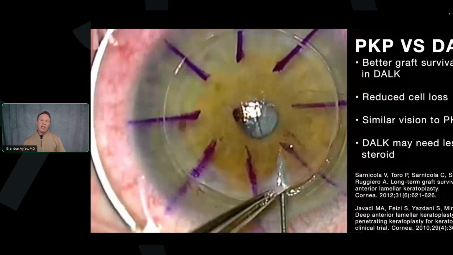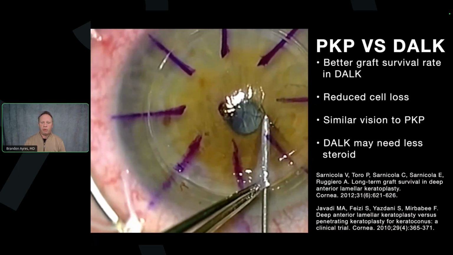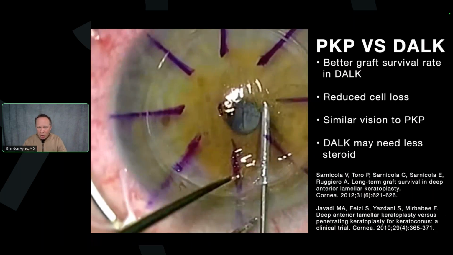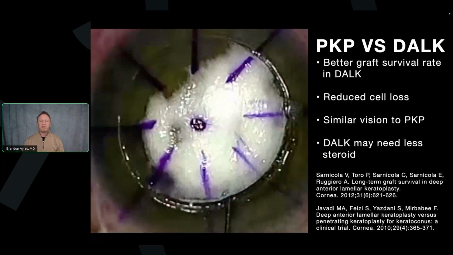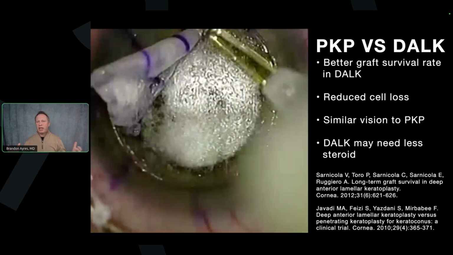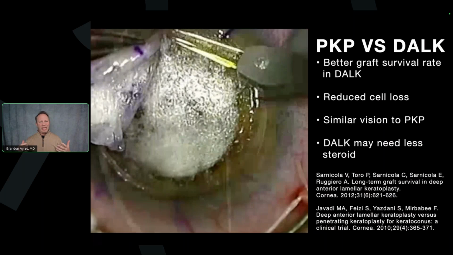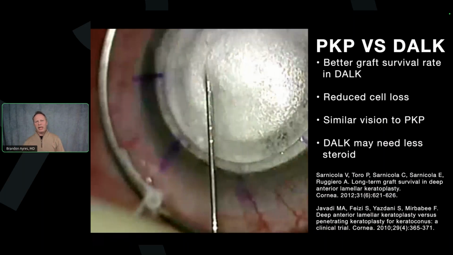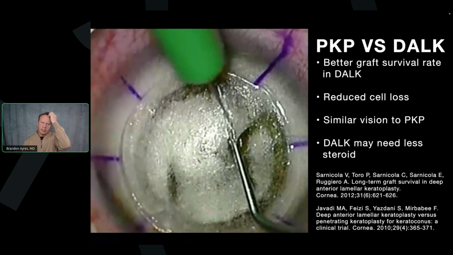Now, there have been some changes. Back about 2005 or so, people started describing the DALK, really baring Descemet's membrane, not just a lamellar keratoplasty, but a real deep anterior, with Anwar's big bubble, or you can do manual dissection. It's an upgrade, I think. There's less endothelial cell loss, but astigmatism is still a problem.